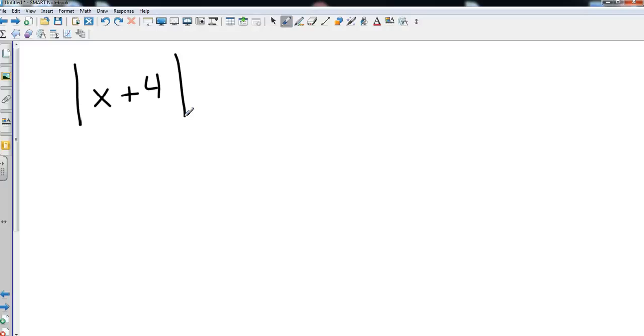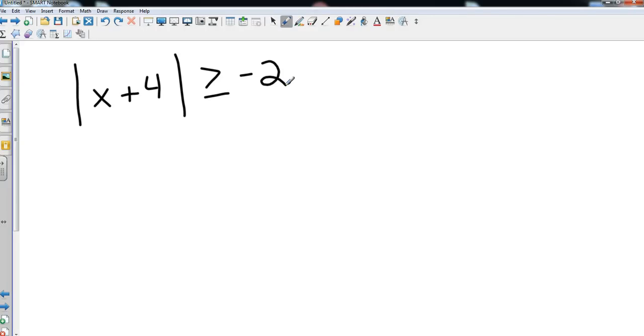Well, let's go with greater than or equal to -2. Okay. I don't want to call this a trick question. This is just a recognition question.